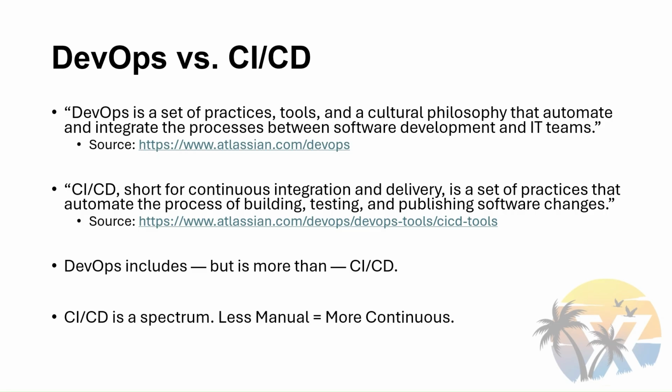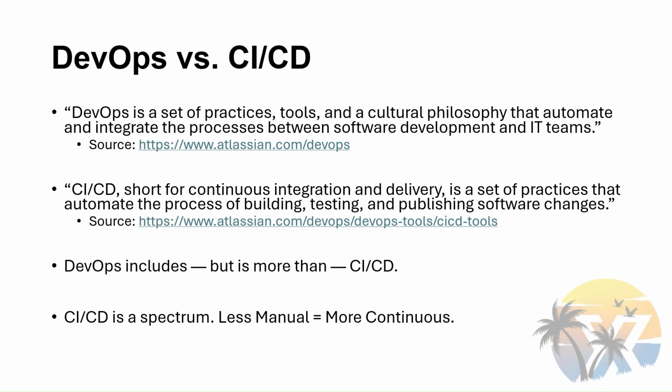So that's the DevOps. We've talked about DevOps. Now, what is CI/CD? So DevOps, here I have another definition from Atlassian. It is a set of practices, tools, and a cultural philosophy that automate and integrate the processes between software development and IT teams. So it's a very generic concept.